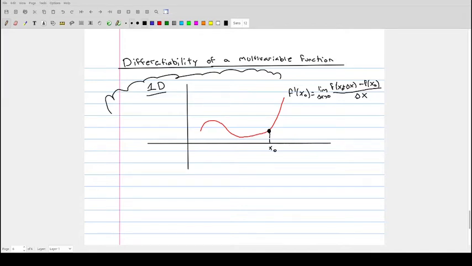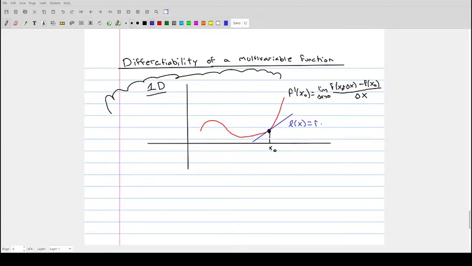And what this means is that the slope of the tangent line, or the linearization of our function, the best linear approximation of our function, is exactly this right here. It's the tangent line of the function, which is the function L of x, which is f prime at x naught.